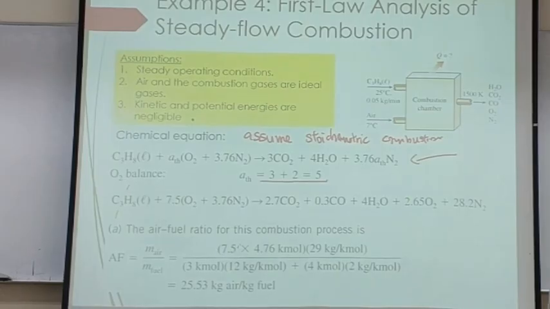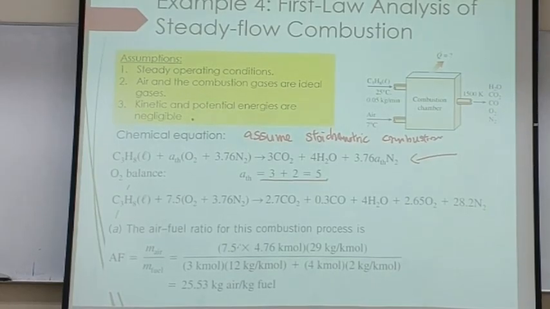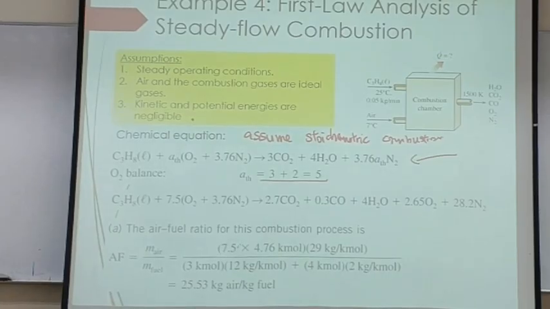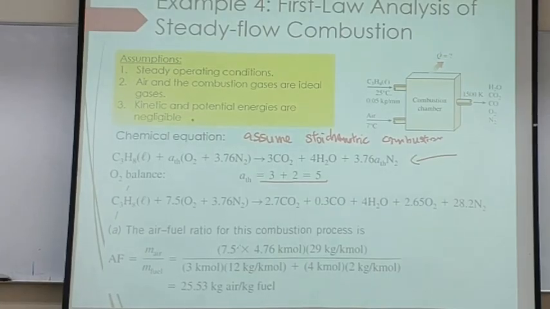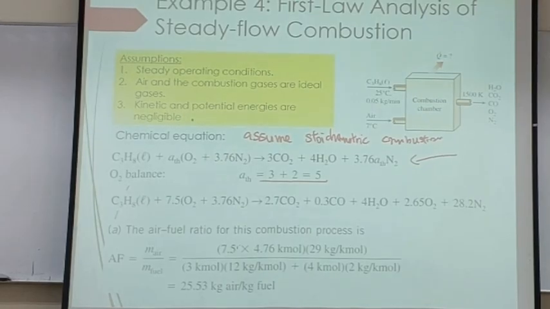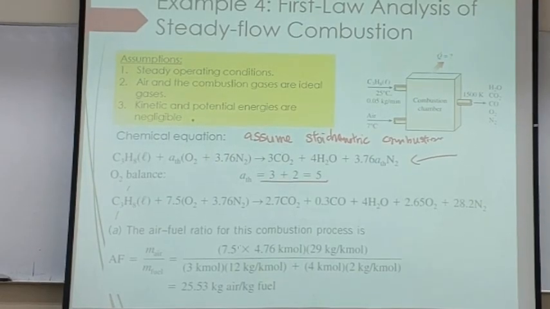Based on this, it means that for every mole of the fuel, you will need 5 moles of oxygen, and 5 moles of oxygen is the total air needed. So this is what this question is trying to say.